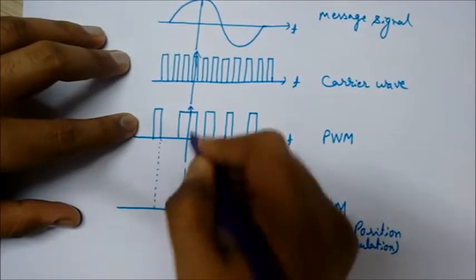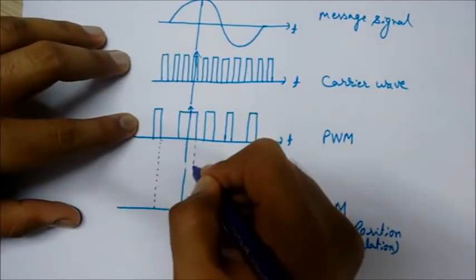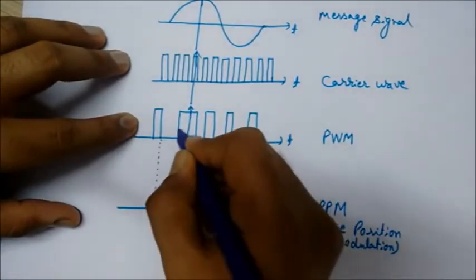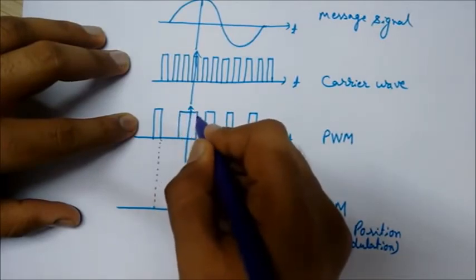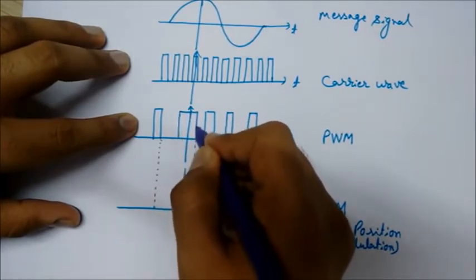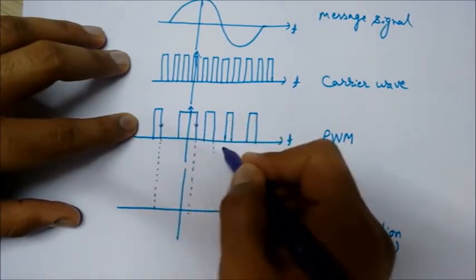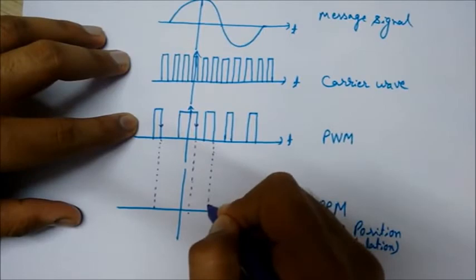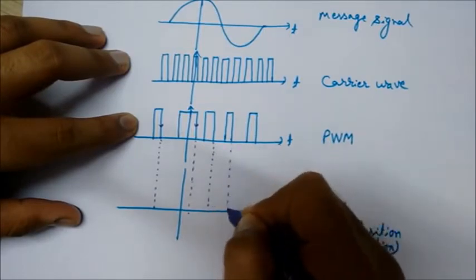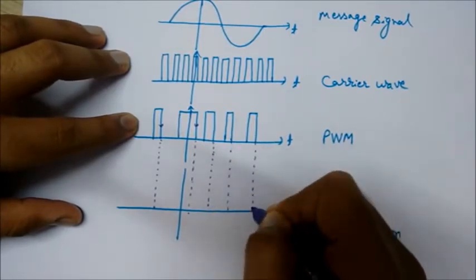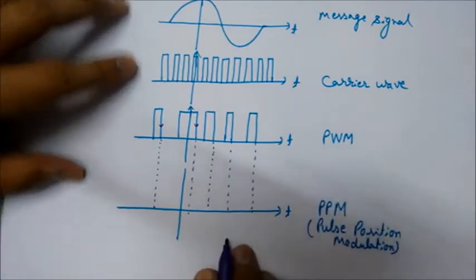Trailing edges means this one, where it rises to a constant value and then goes down, the point where it is finishing. So I'm drawing these dotted lines so that I can draw the PPM from PWM.